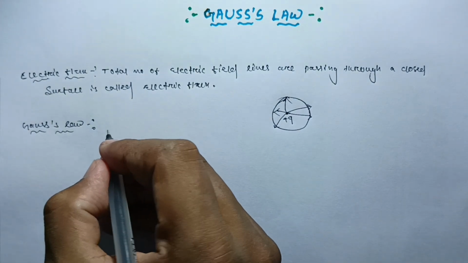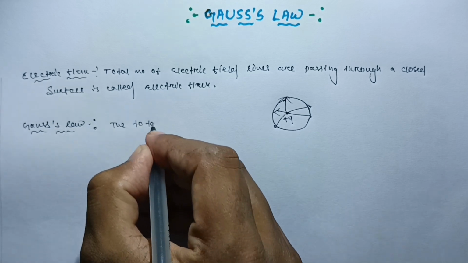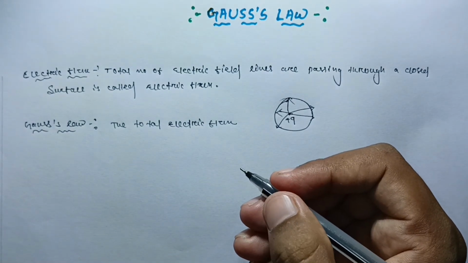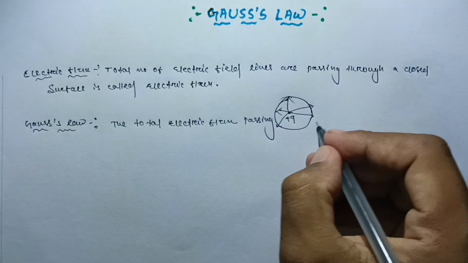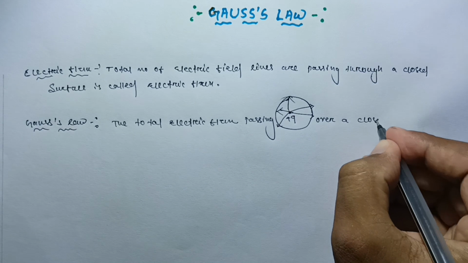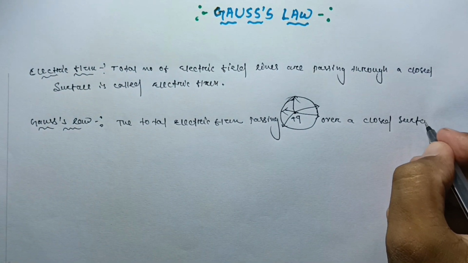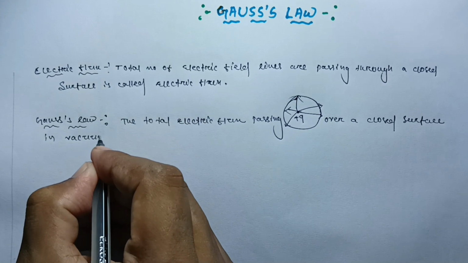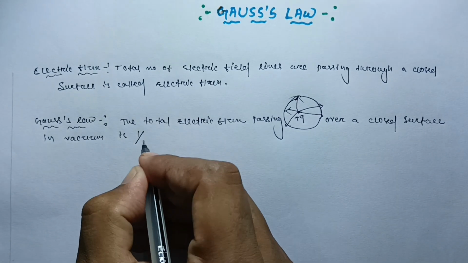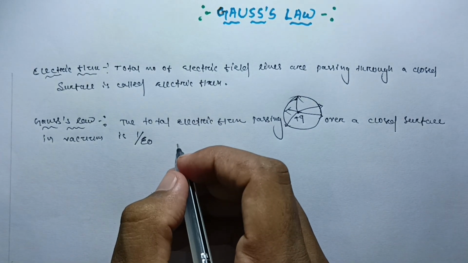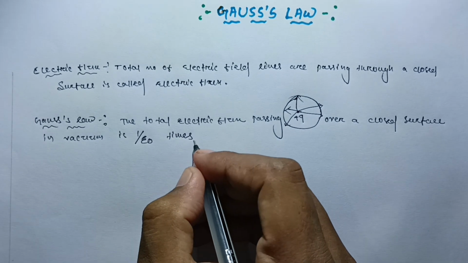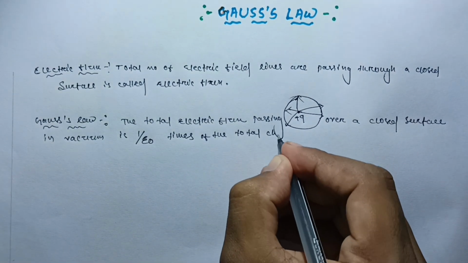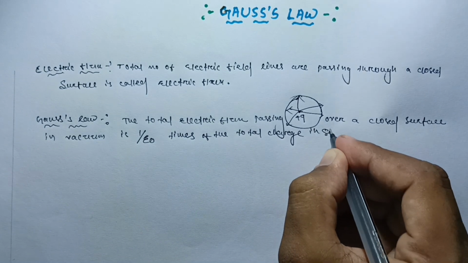The total electric flux passing over a closed surface in vacuum is 1 upon epsilon naught times, right, the total charge inside the surface.